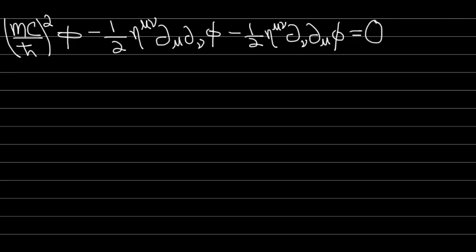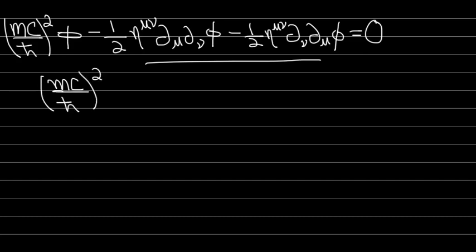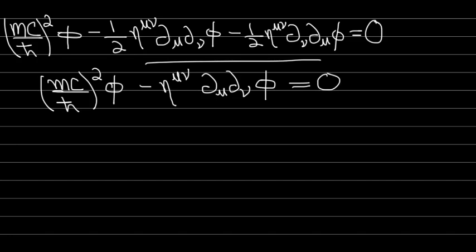And of course we can then take this sum, and what we are left with is mc over h bar whole squared phi minus eta mu nu partial nu partial mu phi is equal to 0.